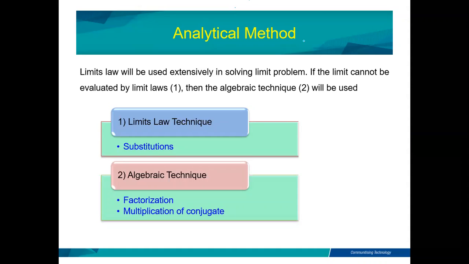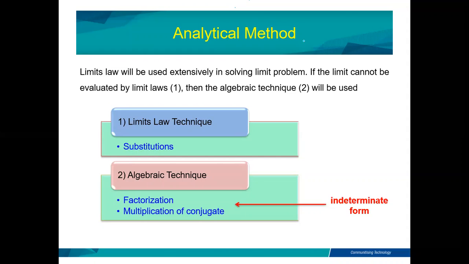Factorize is as usual. Why do we factorize? We want to make sure the function becomes simpler, so it is easier for us to evaluate the limit. For multiplication of conjugate, we use it when we have an indeterminate form.